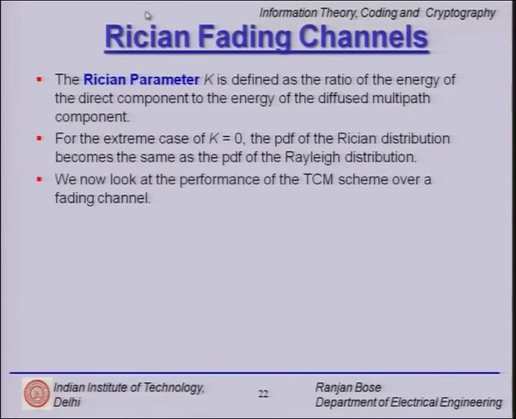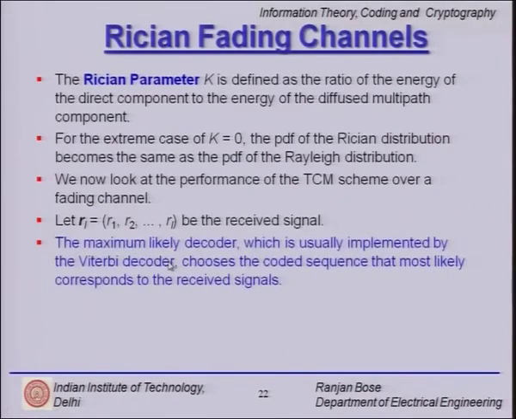Now let us look at the performance of a TCM scheme over a fading channel. Let us say that the received signal is R_1, R_2 up to R_L, this is a vector. The maximum likelihood decoder, which we will implement using the Viterbi decoder, chooses the coded sequence that is most likely to correspond to the received signals.